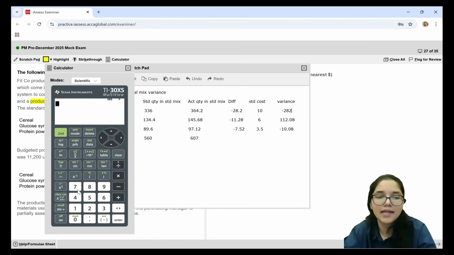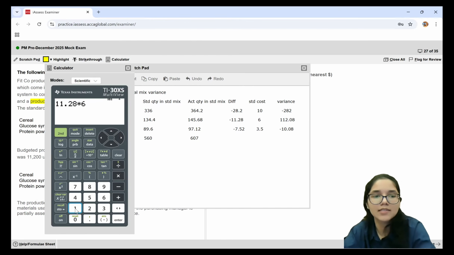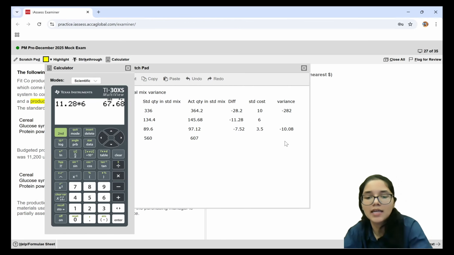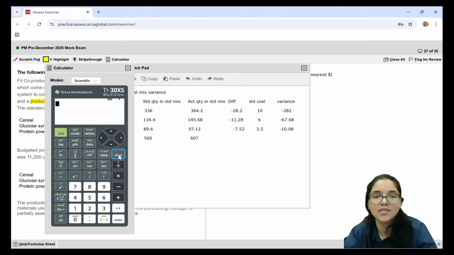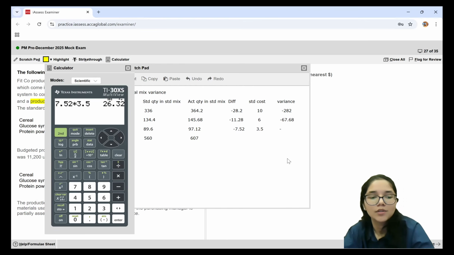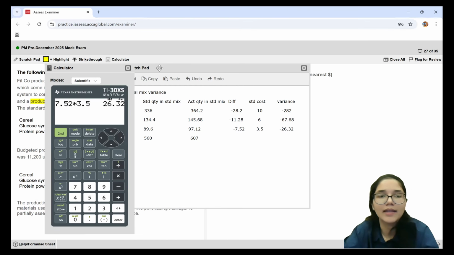Then for the second one, 11.28 times 6 is going to give you negative 67.68. And for the last one, it'll be 7.52 times 3.5, which is going to give you 26.32, again negative.